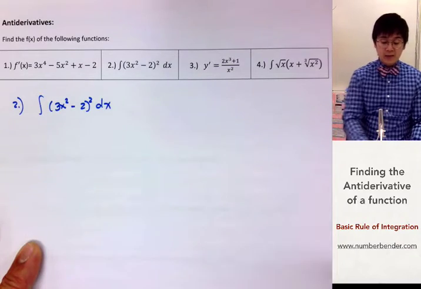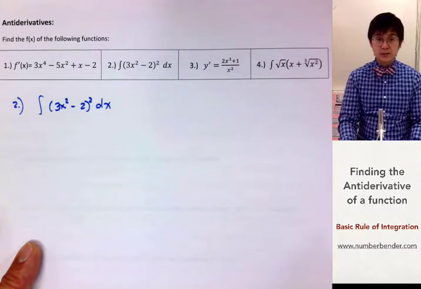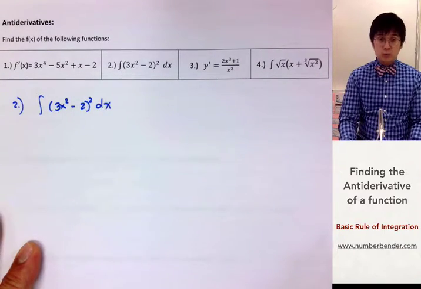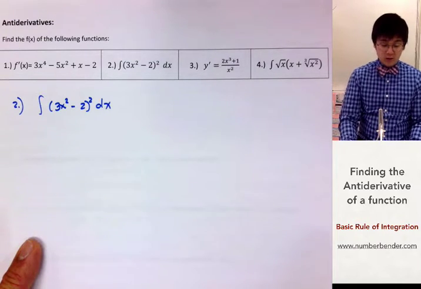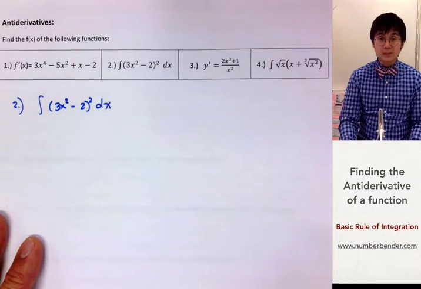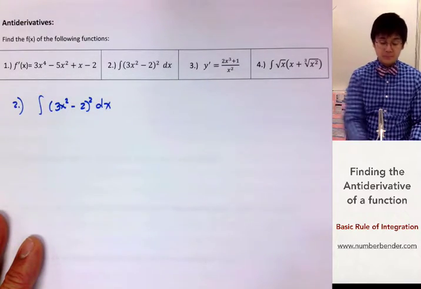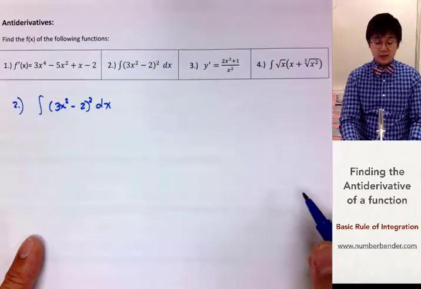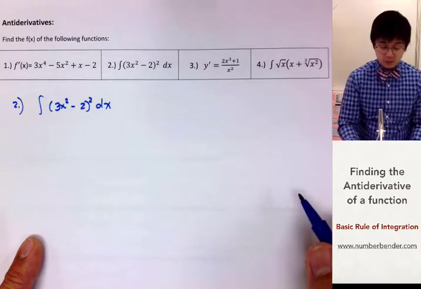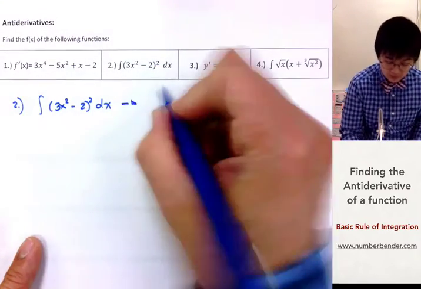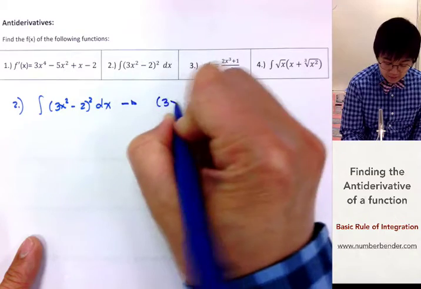Since we have an exponent outside the parentheses, there's no chain rule for antiderivatives. So we're going to expand the function and change it into a single line polynomial.